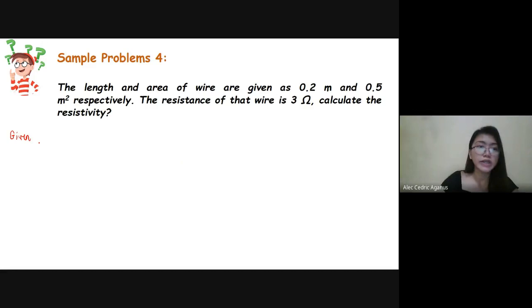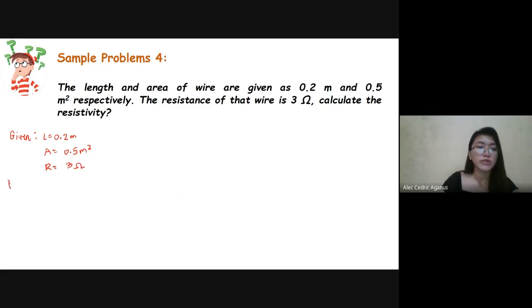But to complete our solution, always write your given. 0.2 is your length, 0.5 square meter is your area, and your R is 3 ohms.